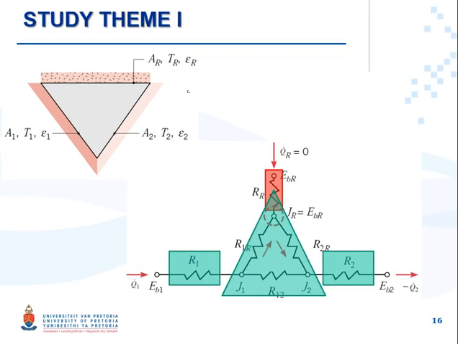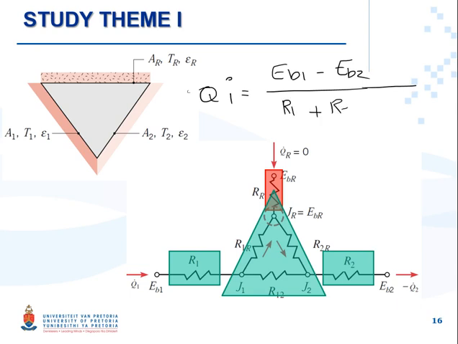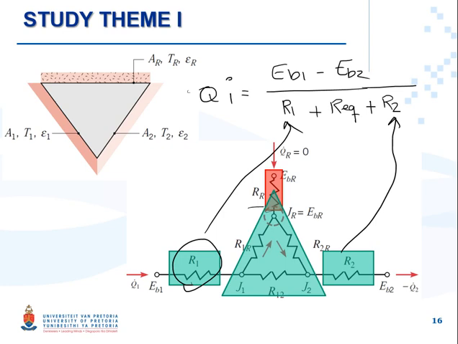here Q dot 1 is equal to (EB1 minus EB2) over (R1 plus R equivalent plus R2). So R1, R2 and R equivalent for this area.